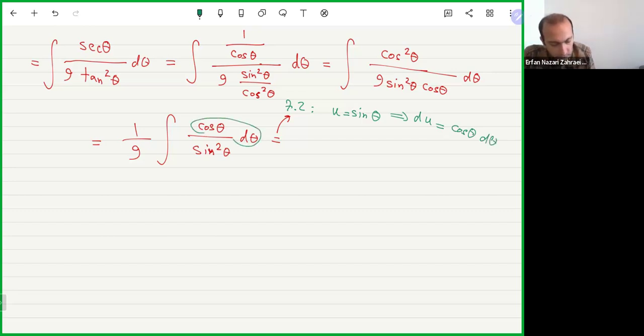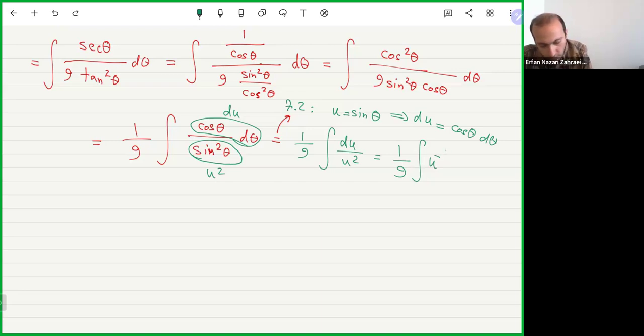So this is du, and this is just u squared. After the substitution, I get 1 over 9 du over u squared, which is 1 over 9 times u to the exponent minus 2 du.